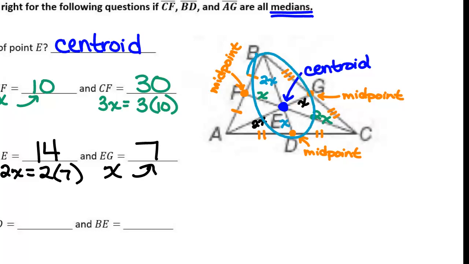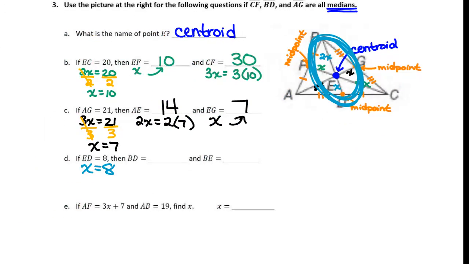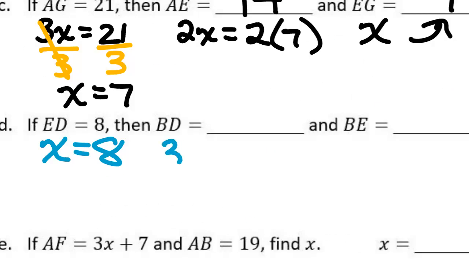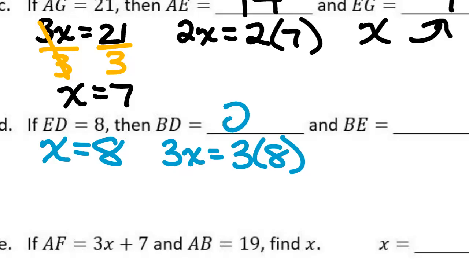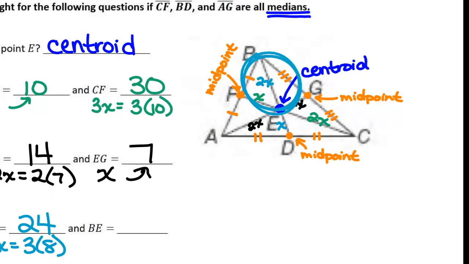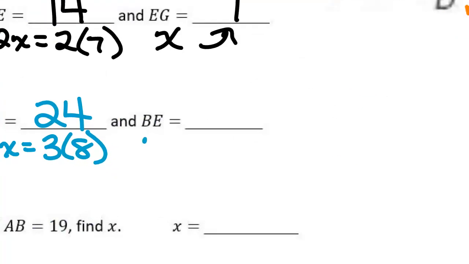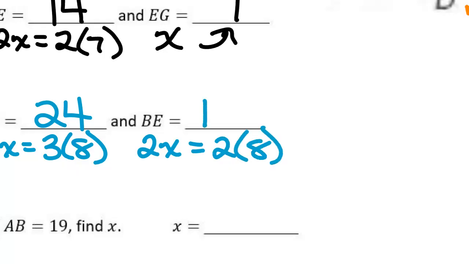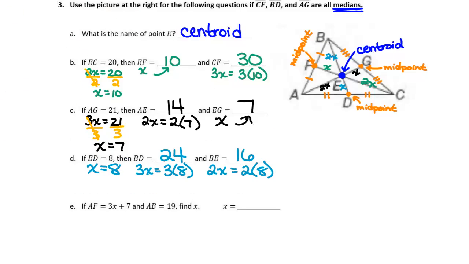BD would be this right here. 1x, 2x, or 3x? 3x. Yes, 3 times 8, which gives us 24. What about BE? 1x, 2x, or 3x? 2x. 16. 2 times 8 gives us 16. Perfect.